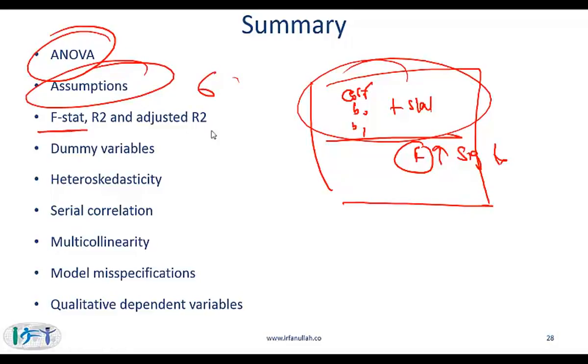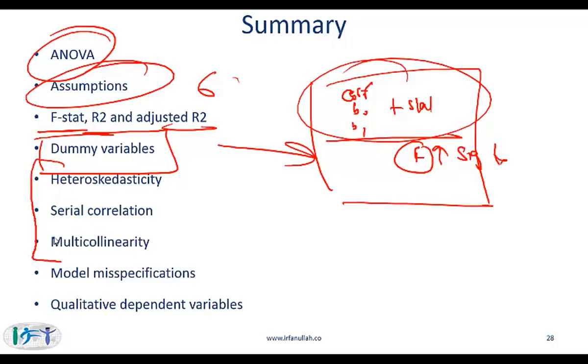All right, I mentioned f-stat, that's over here. You need to know the r squared and the adjusted r squared. You need to understand dummy variables. Here we are talking about the independent dummy variables. So 0 or 1. And if there are n states of the world, then you'll have n minus 1 dummy variables. Then we have these 3 typical violations.